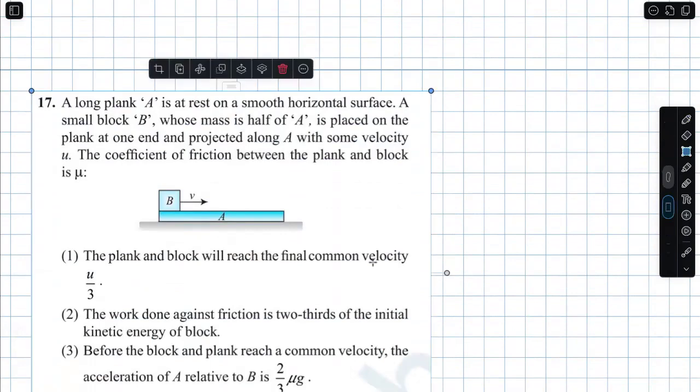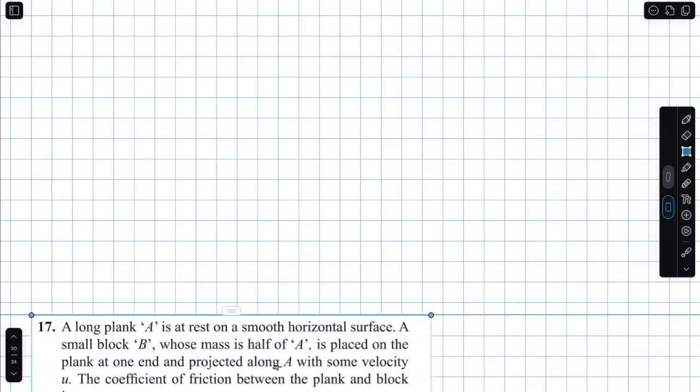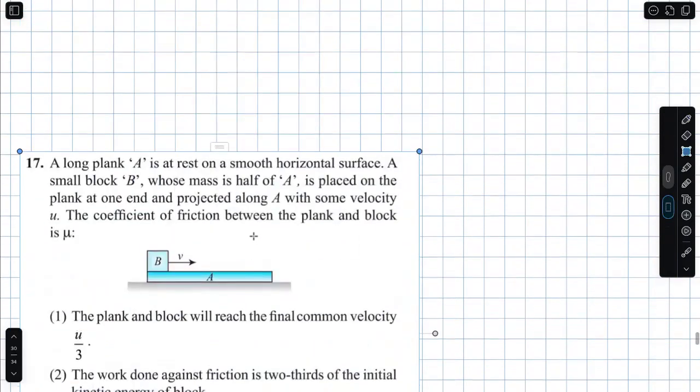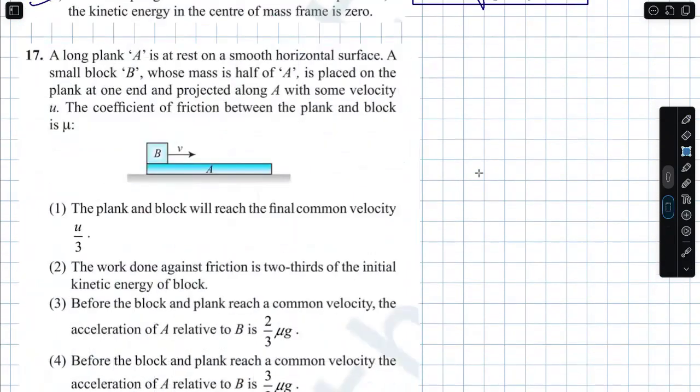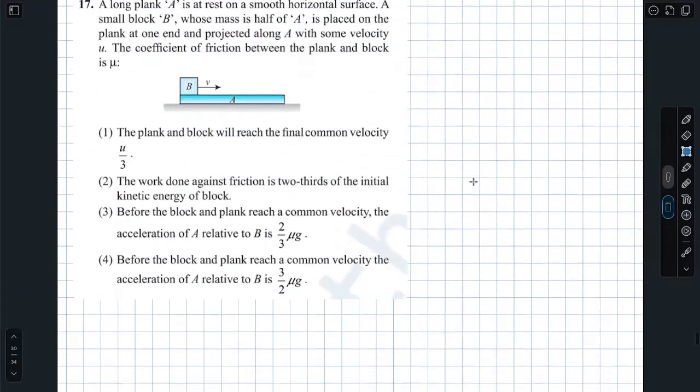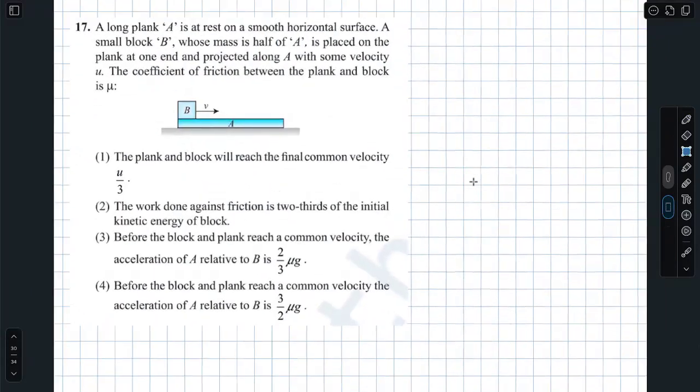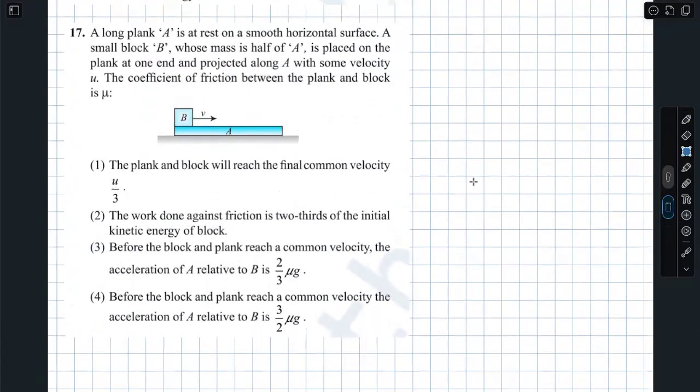Now let us shift this up. A long plank A is at rest on a smooth horizontal surface.